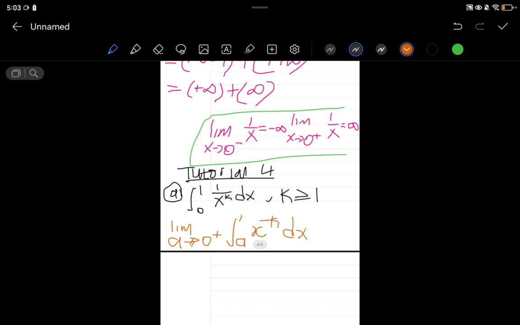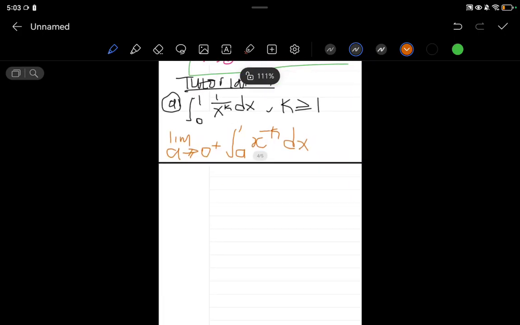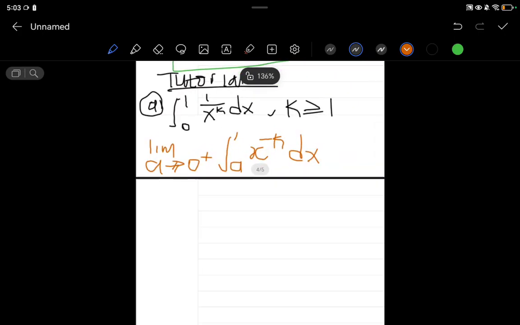So first I can start by integrating, then I'll consider the conditions later. There are many ways you can do this.